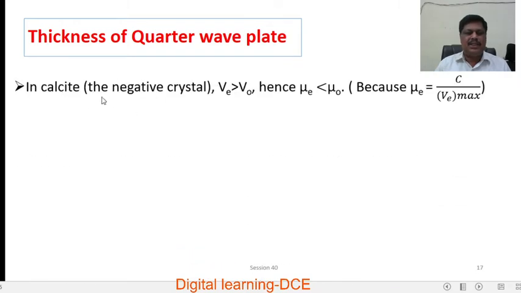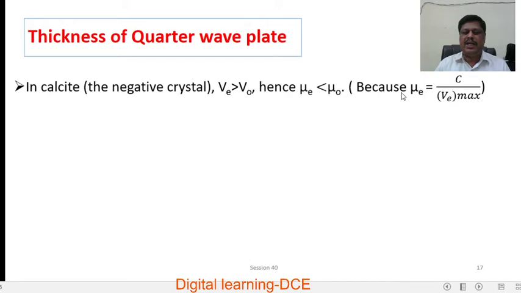Take calcite, a negative crystal. So, calcite is an example of a negative crystal. The velocity of the extraordinary ray is greater than the velocity of the ordinary ray. Hence, the refractive index of the extraordinary ray is less than that of the ordinary ray, because refractive index is equal to the ratio of the velocity of light in air or vacuum to the velocity of light in the medium.